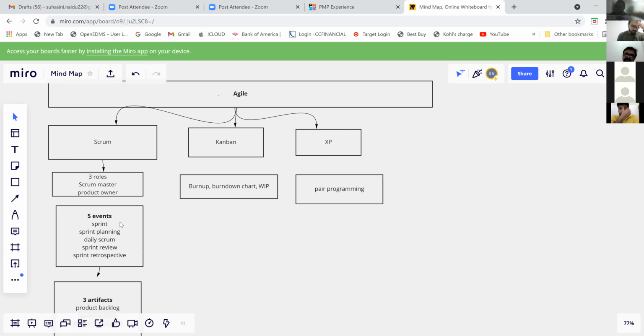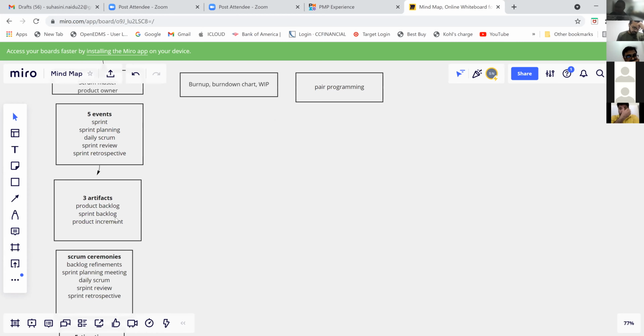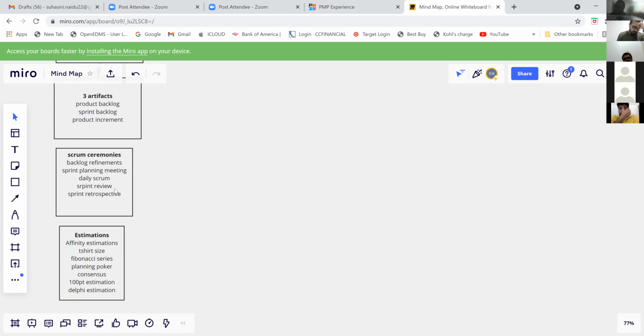Then the events: sprint, sprint planning, daily scrum, sprint review, sprint retrospective. Three artifacts generated from Agile: product backlog, sprint backlog, product increment. Scrum ceremonies: backlog refinement, sprint planning meeting, daily scrum, sprint review, sprint retrospective.